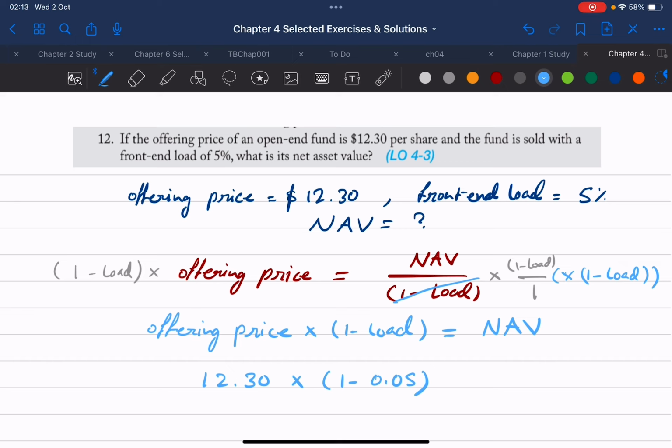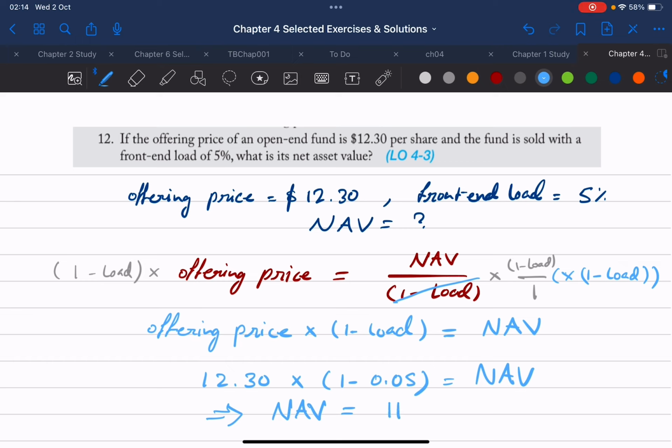Okay, bring out my calculator and crunch the numbers. 12.30 multiplied by 0.95. Thus, this equals NAV, and that means NAV, or net asset value here, equals $11.